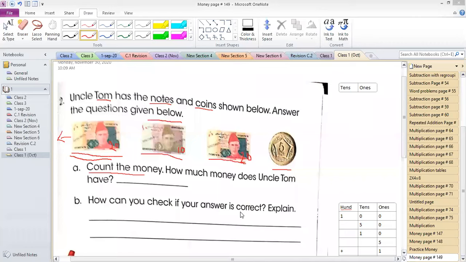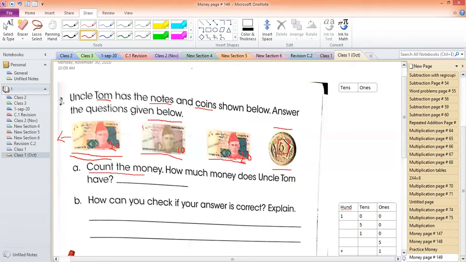Abdul Rahman Al Wasil, can you hear me? Yes, sir. Yes, Abdul Rahman. Now please tell me the value of this coin. This one. 5. Because you can find the value of this coin written here on the coin.